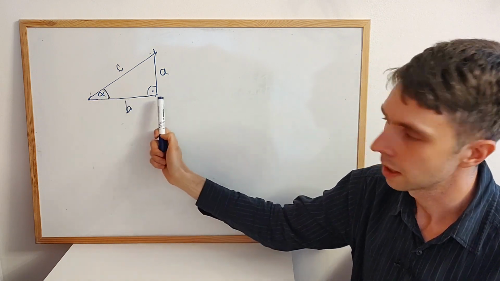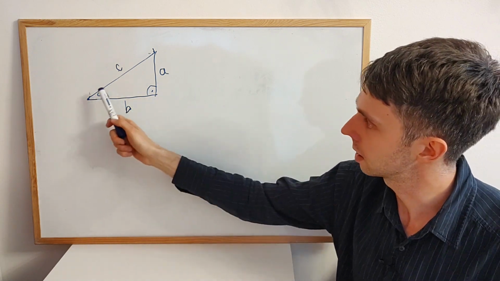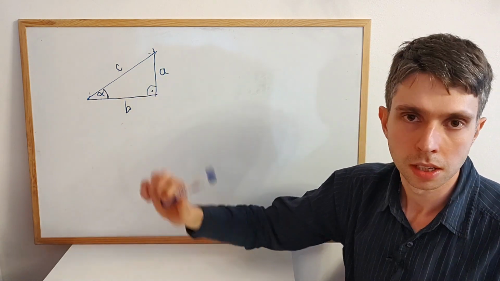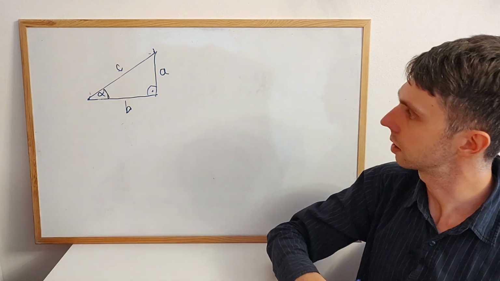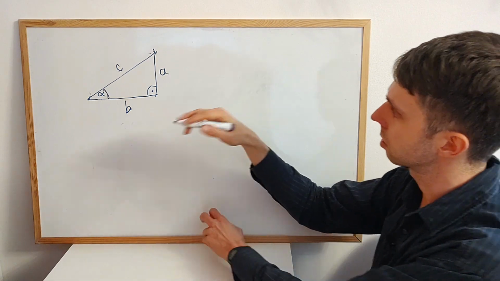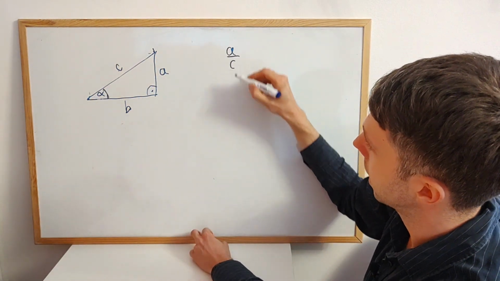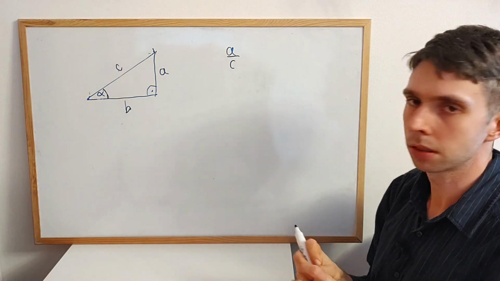B is the side which is next to this, so these are legs, and this is hypotenuse C of this right triangle.